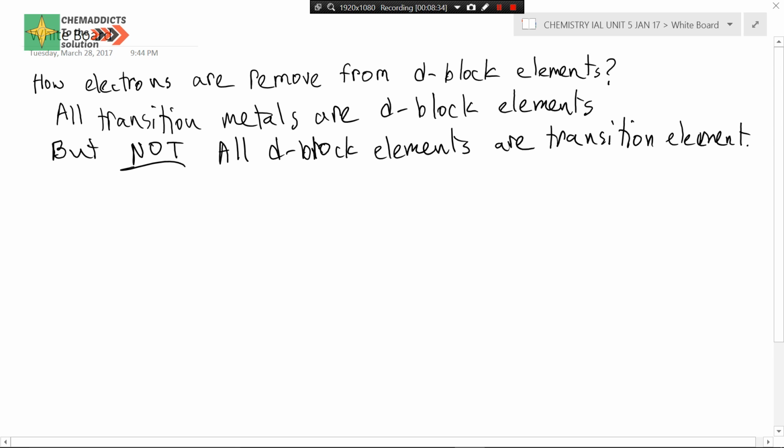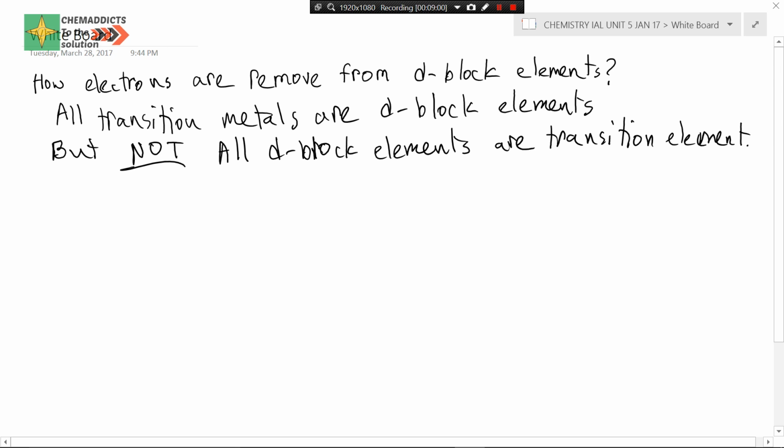When a d block element loses electrons and forms a positive ion, the outer 4s electrons are always lost before any 3d electrons. In a transition element, since it is a d block element, the last electron is filled in the d block, so that is why it is called a d block element, as you all know.